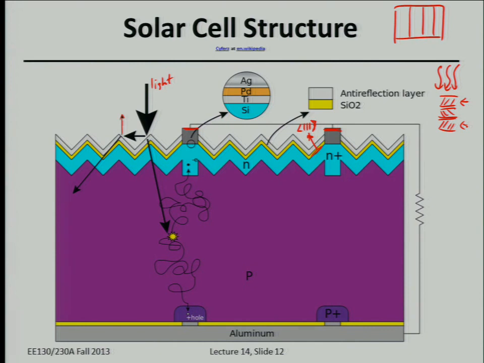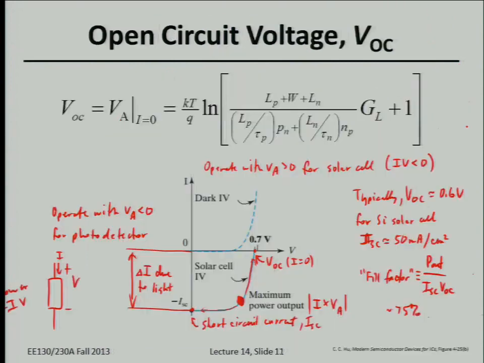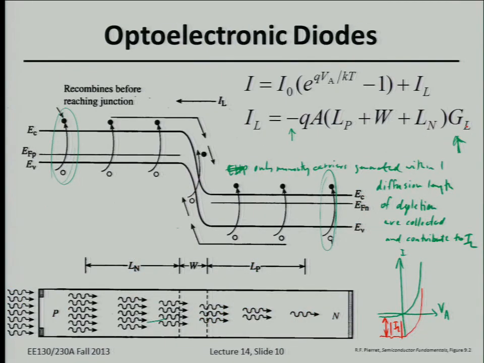So what happens if you shine light on a semiconductor and the photon energy is much, much greater than the band gap energy? The electron will go up with energy equal to the photon energy, so the electron will be generated with a lot more kinetic energy. And that energy, due to collisions, is going to be lost to the lattice, so you waste that energy by heating up the cell.